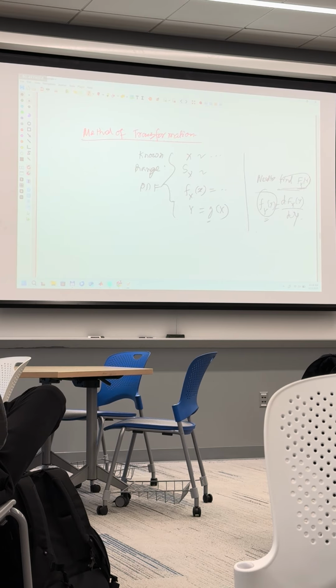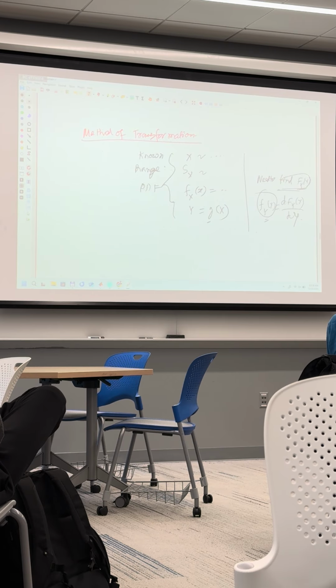Can you integrate the PDF to get the CDF? Yeah, but in that case you need to find the PDF first. By definition, it is the opposite: you find the CDF and then take the derivative to get the PDF. That's why we covered the CDF first. But to find the CDF, you just integrate the PDF.